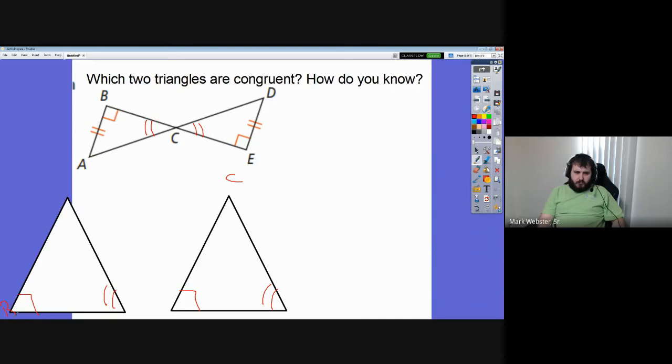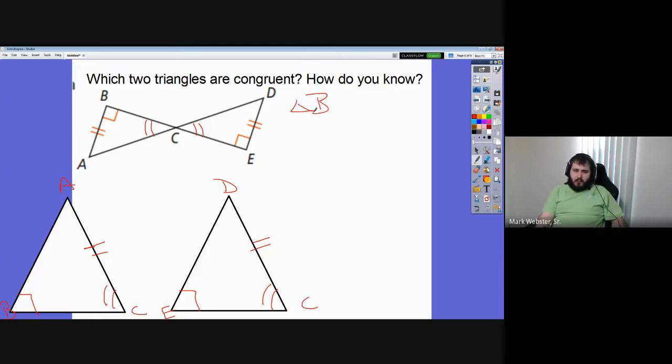And we got here's B, this is C, this is A. We got E, we got C, we got D, right? Well, this is an angle angle side. This isn't hypotenuse leg. And that's fine. I mean, it doesn't matter, but a right angle doesn't automatically mean that you're doing hypotenuse leg. So you just got to be careful.